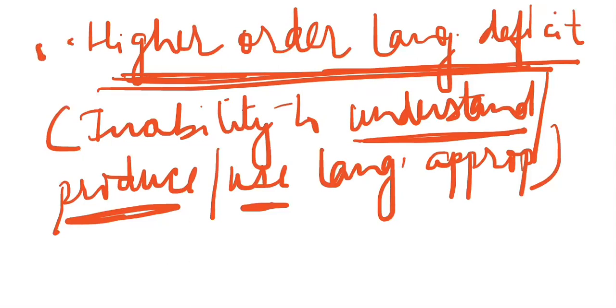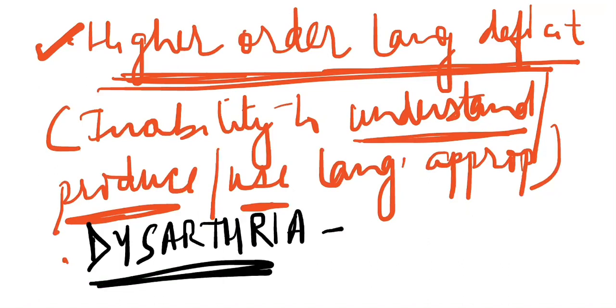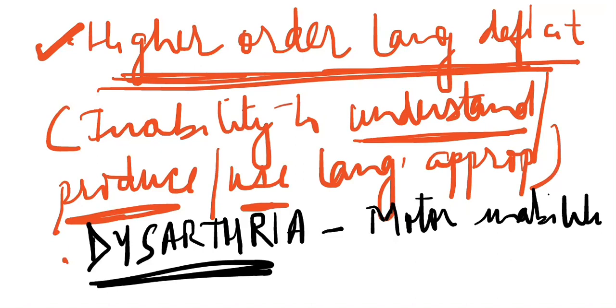Now, along with aphasia, there is one more term, called dysarthria. What is dysarthria? This is a motor inability to produce speech.